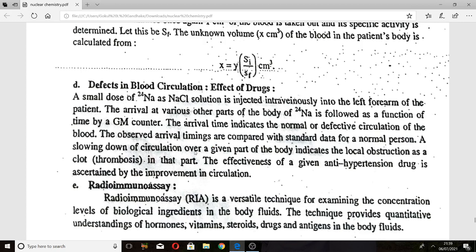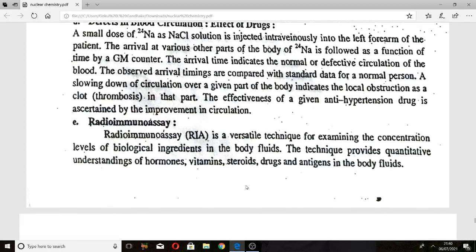A slowing down of circulation over a given part of the body indicates a local obstruction such as a clot, that is thrombosis in that part. The effectiveness of a given anti-hypertension drug is ascertained by an improvement in circulation. This is the defect of blood circulation.